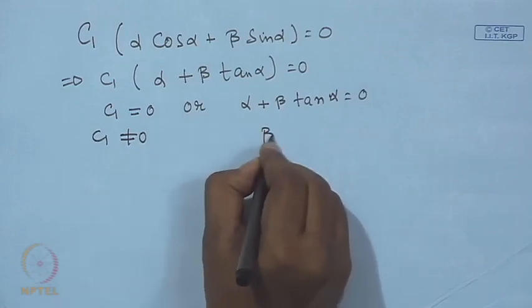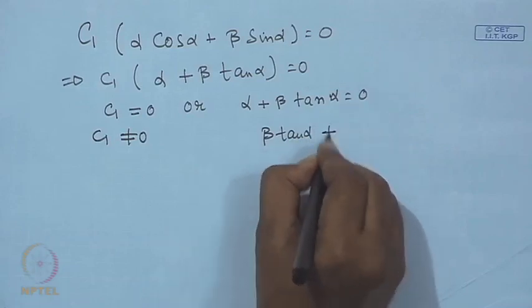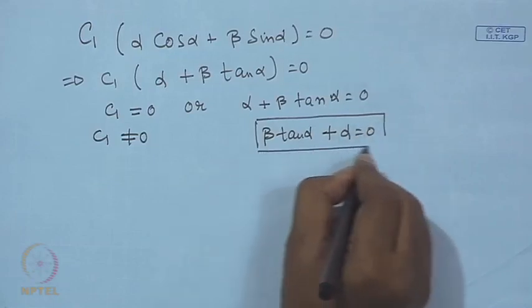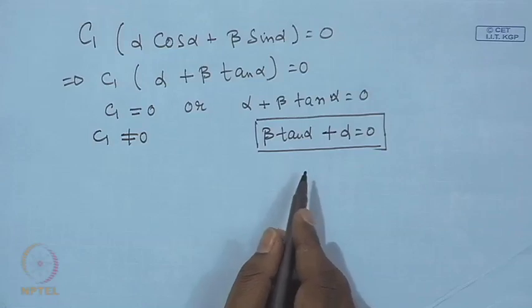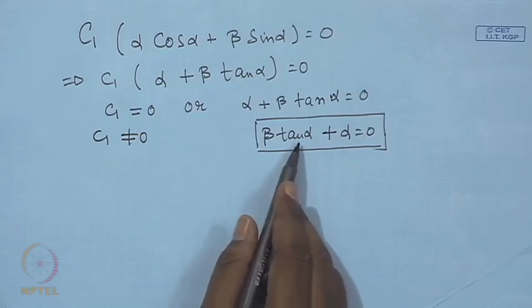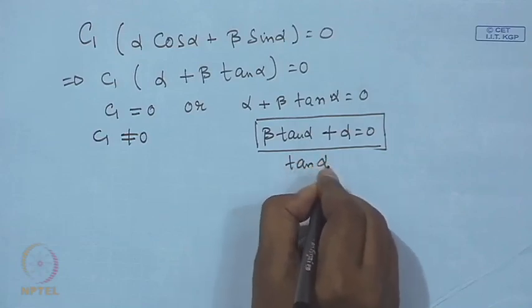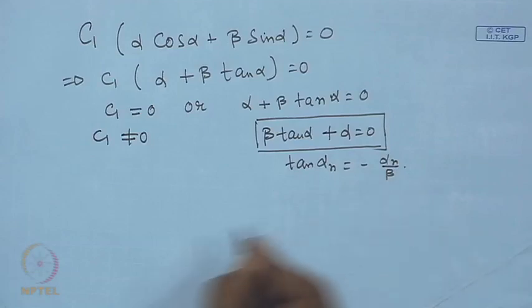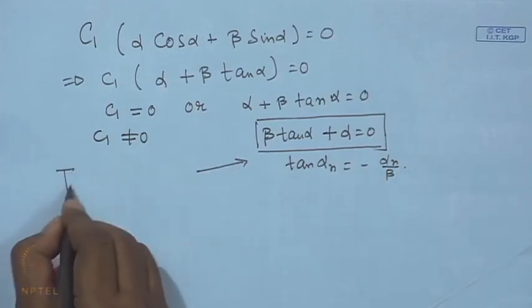Beta tan alpha plus alpha is equal to 0. Again this is a transcendental equation. There are an infinite number of roots of tan alpha is equal to minus alpha by beta. So this is known as a transcendental equation.